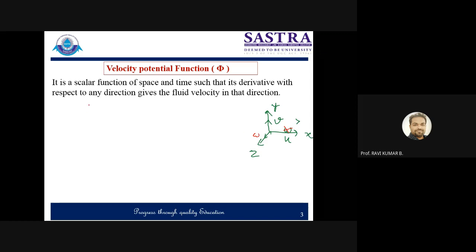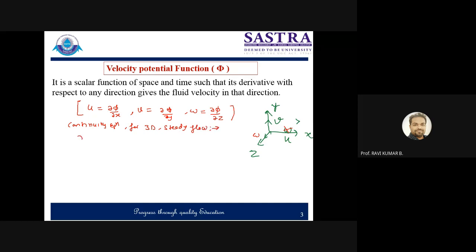So as we are saying that u is equal to dou phi by dou x, v is equal to dou phi by dou y, and w is equal to dou phi divided by dou z, then we need to write the continuity equation for three-dimensional steady flow condition.